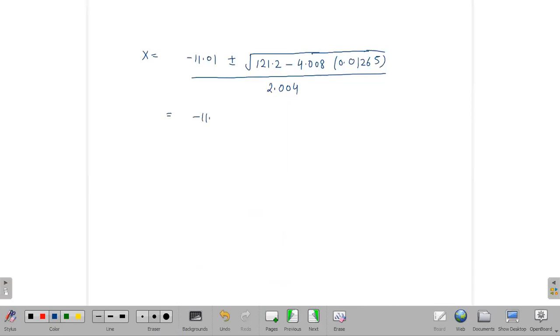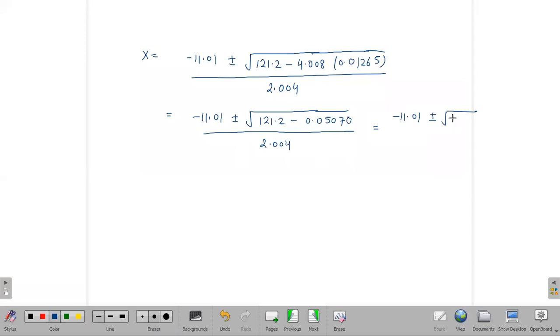So it will be 121.2 minus, by taking multiplication, 0.05070. So these are 4 significant digits. Divide by 2.004. Minus 11.01 plus minus, if I subtract these two, it will be square root of 121.1 divided by 2.004.